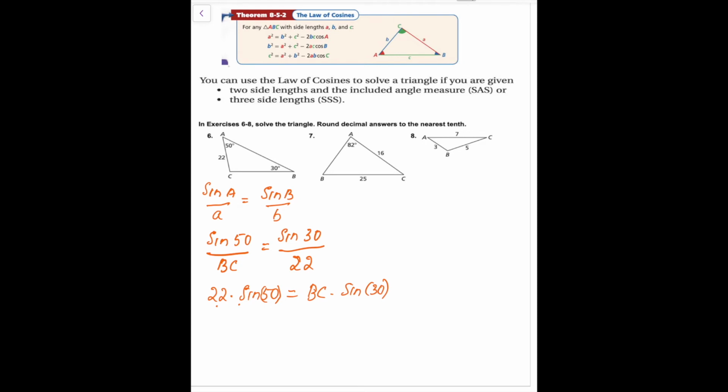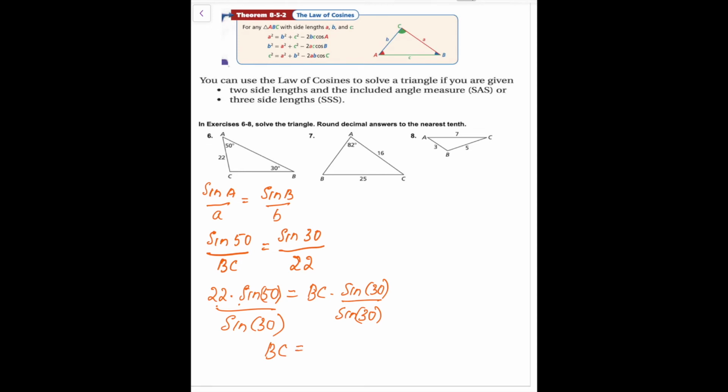So we are trying to figure out BC. So you divide by sine 30 on both sides. You plug this in the calculator: 22 times sine 50, with 50 in parentheses, divided by sine 30. So that is BC.